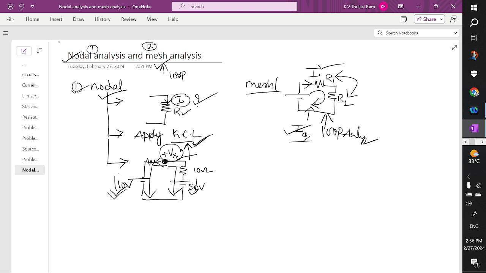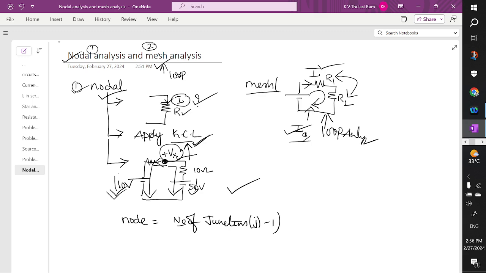Now let's try to understand which analysis has to be applied for which type of network. We'll verify with a problem. To identify the number of nodes, the formula is: number of nodes is equal to number of junctions minus 1.